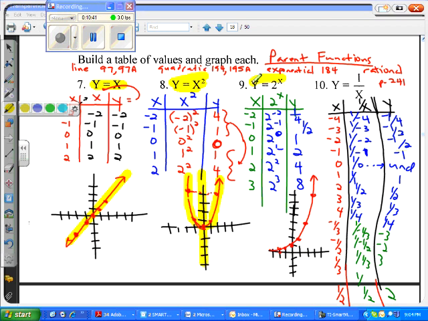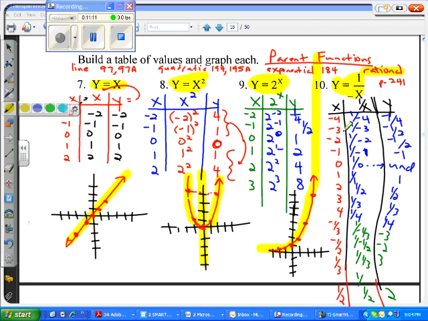The vertex is (0, 0). Y equals 2 to the x is the basic parent function of an exponential. It approaches the x-axis but never hits it, and then it goes up into positive infinity. Y equals 1 over x is the basic rational.